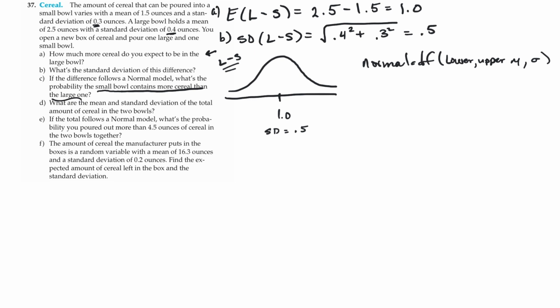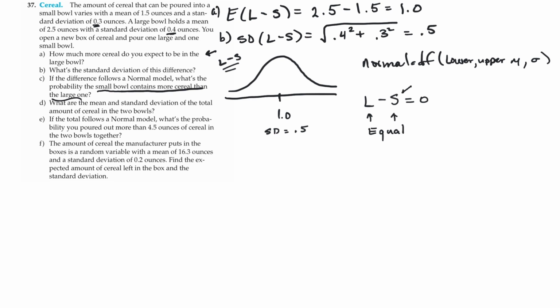So I would ask you this: when you're looking for differences of things, we're investigating this number, L minus S. If this were equal to 0, then I would say there's equal amounts in both groups, right? We would say that's equal value in the different bowl sizes. I'd like to know when the small bowl has more in it, right?